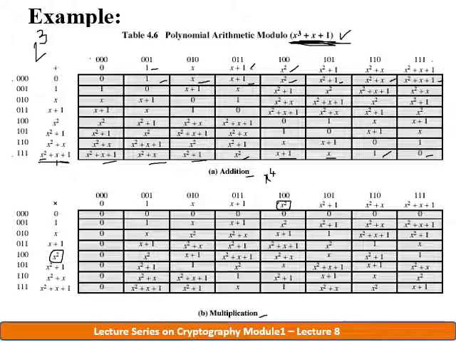So therefore, how can I write this x4 now? The x4 I can split this power as x into x cube. When I write x into x cube, what result do I get here? X cube is equal to x plus 1. So substitute the value of that now.